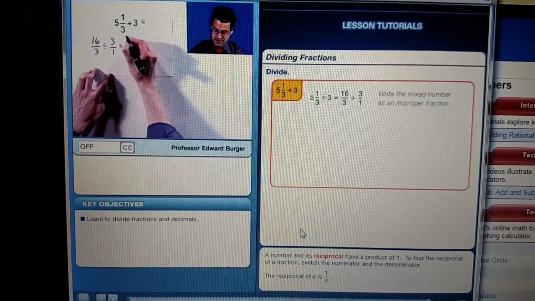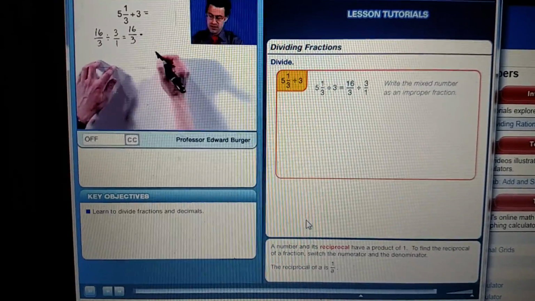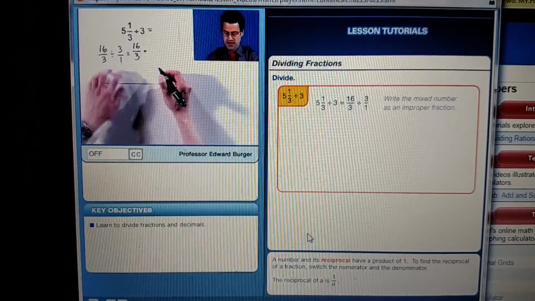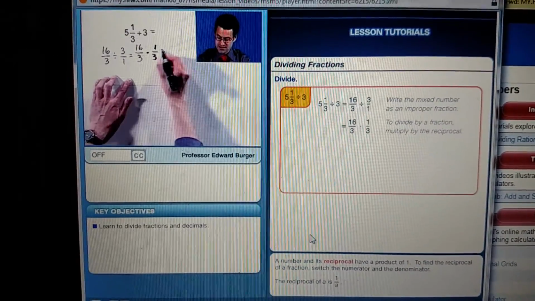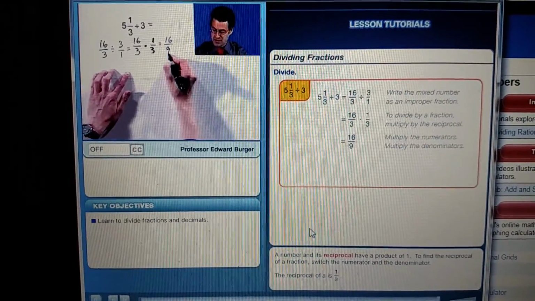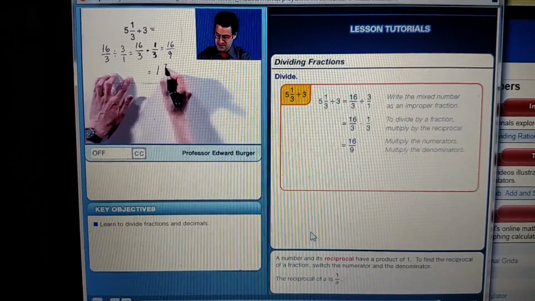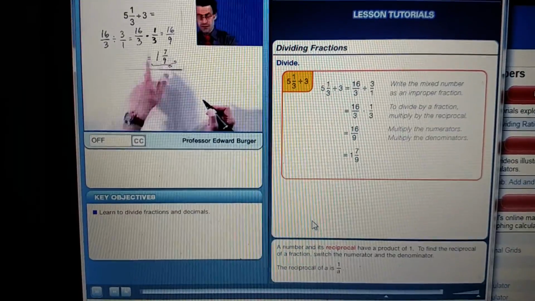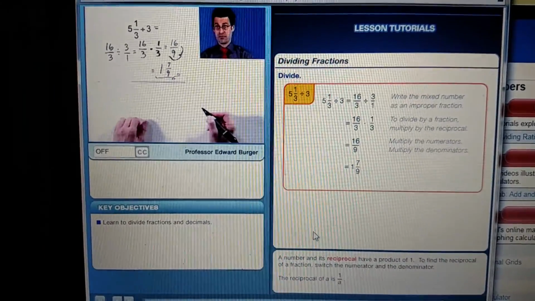And so now I have 16 over 3, and I convert that to a multiplication by the reciprocal of 3, which is 1/3. And so that equals 16 over 9. And that can be written as 1 7/9 if you want to write it as a mixed number. And this is the answer as an improper fraction.